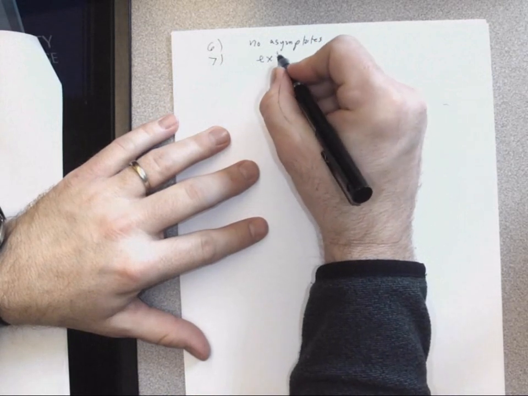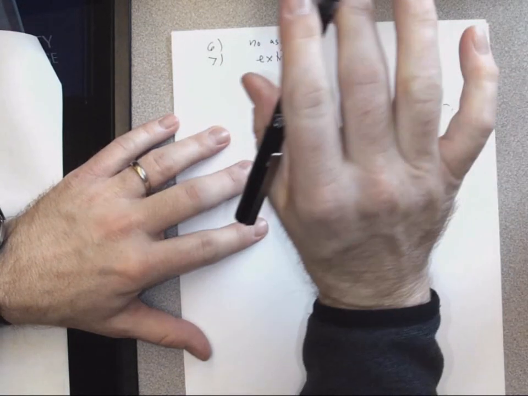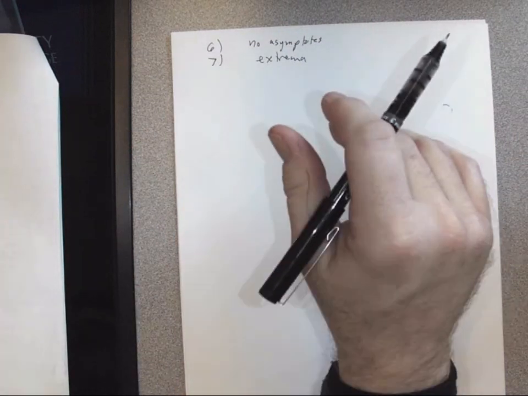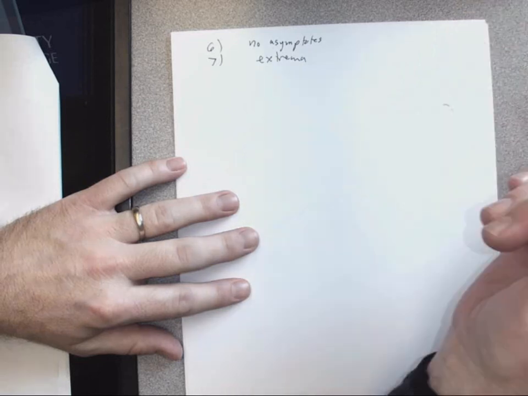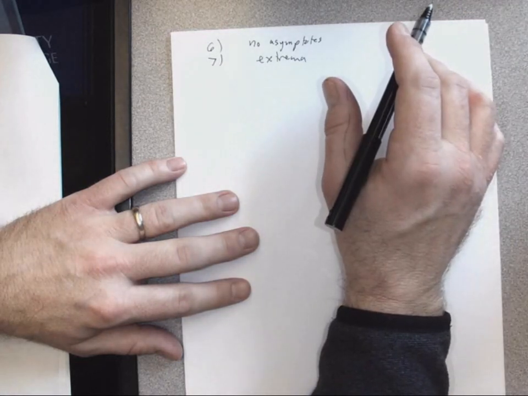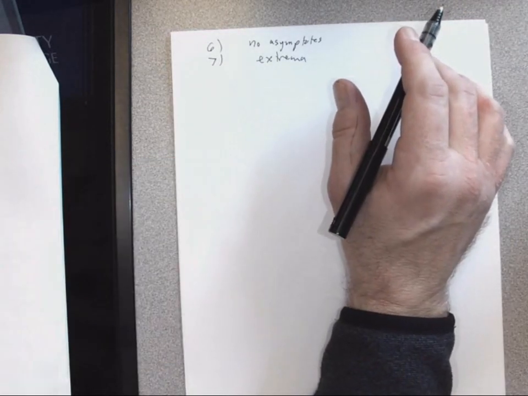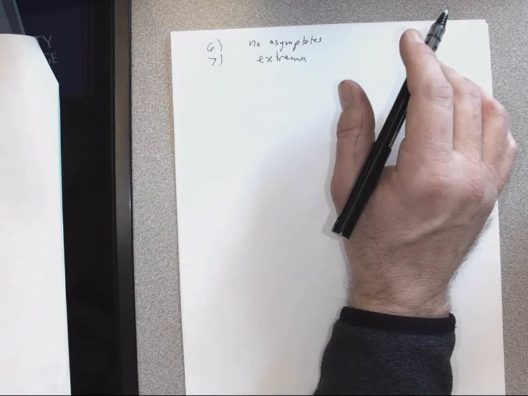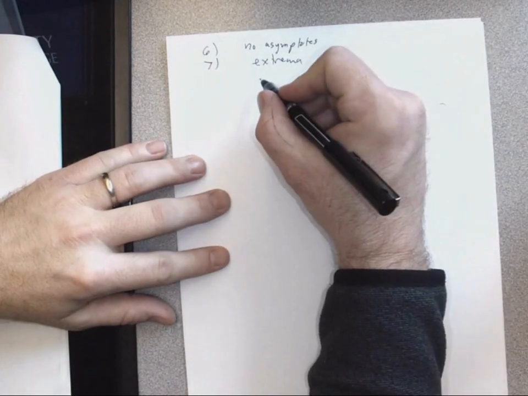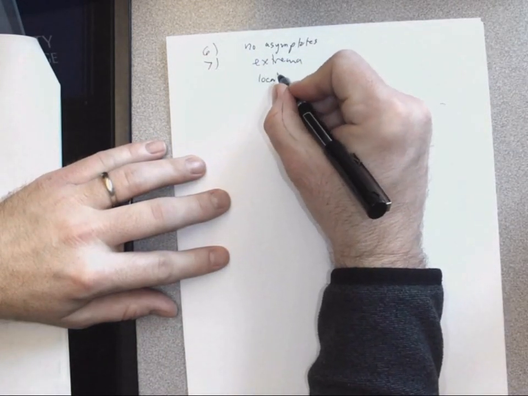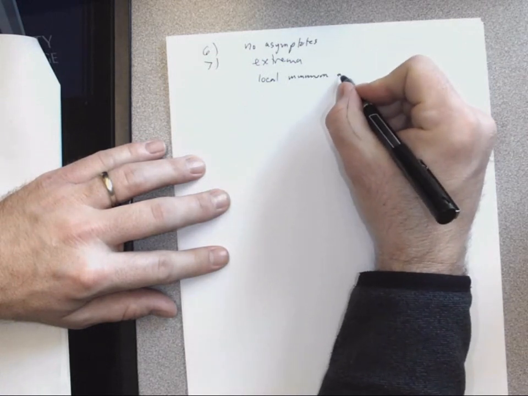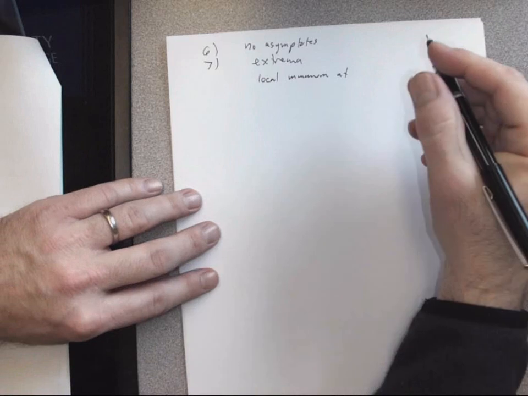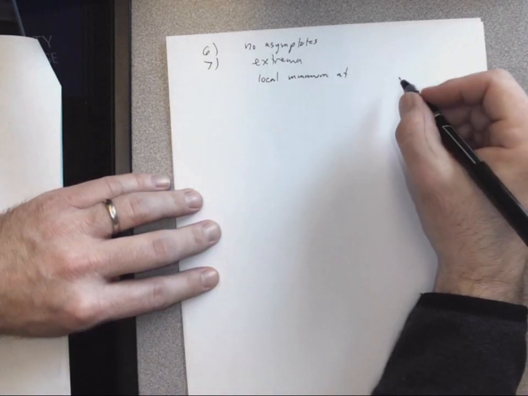So extrema. So what we know is that I have a local min at x equals just 3.